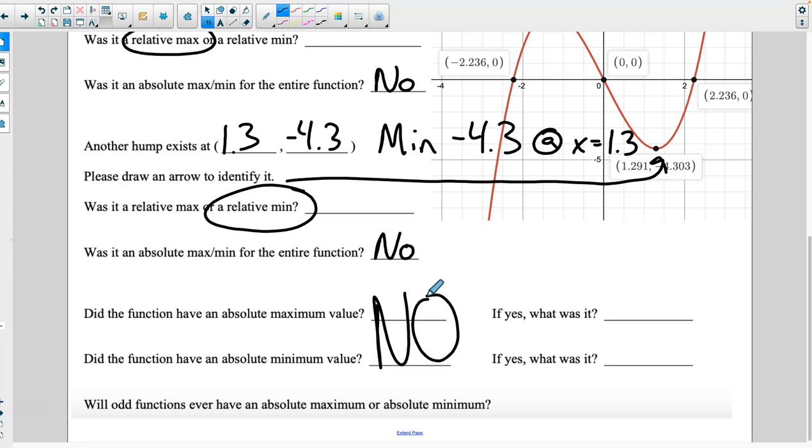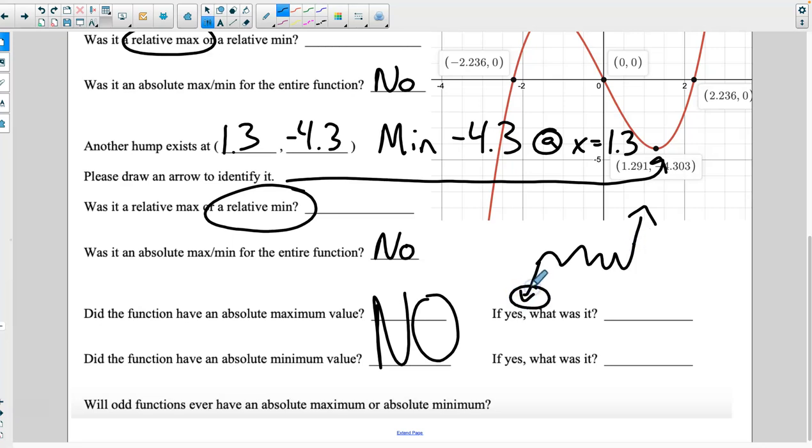Now, we looked at one odd function. But based off that one odd function, do we think that an odd function will ever have an absolute max or an absolute min? No. Because think about it. If I look at end behavior, if I have my arrows like this, I don't care what happens in the middle. It could go like this forever and then connect.